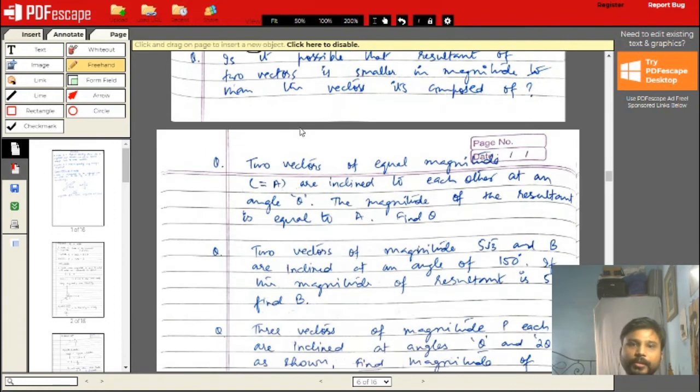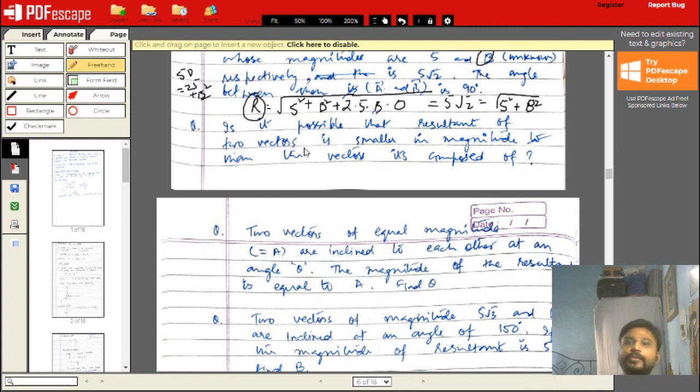Is it possible that resultant of two vectors is smaller in magnitude than the vectors it's composed of? That's absolutely possible. Let's say I draw a vector like this and a vector drawn like this, and let's say I want to add them, triangular vector addition, head is coincided with the tail.